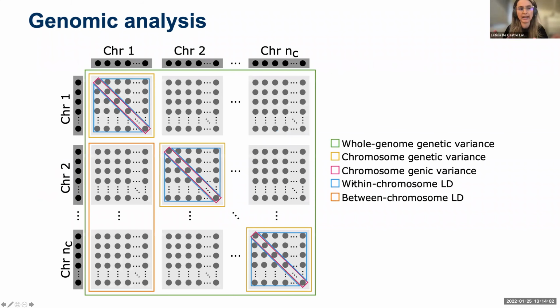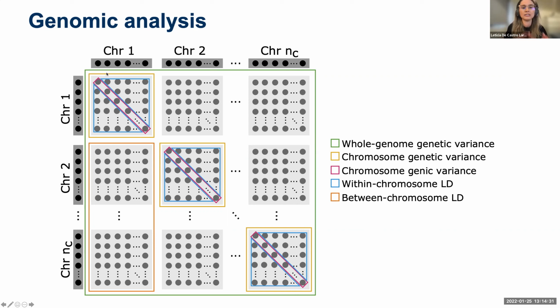For the partitioning of genomic variance, we can see here, for example, a big picture of the genome. So this is a variance and covariance matrix. And we have here the chromosomes, and each dot here could be, for example, a QTL in a simulation analysis, but in real life, we do not know the QTLs in the genome, so it also could represent the SNP markers, for example.